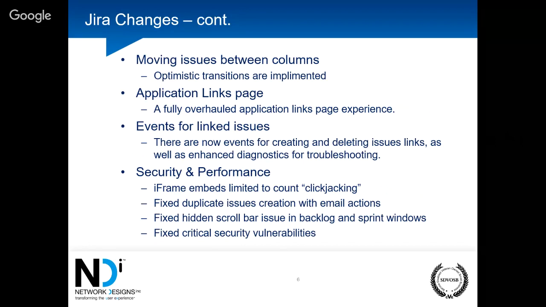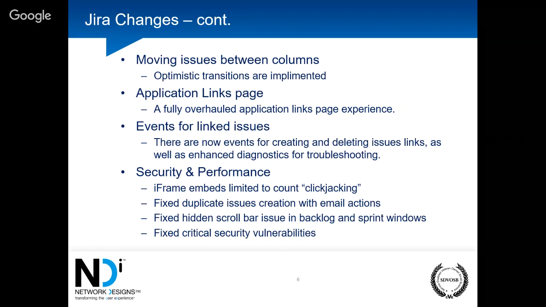Under the security and performance components, they've done a lot of things. I only listed 4 primary ones here. On the 4 primary ones, the iframe embeds have been limited so that we can counteract clickjacking. They've fixed duplicate issues where tickets were being created in duplicate when the email system would be pulling a ticket out of email for creation.